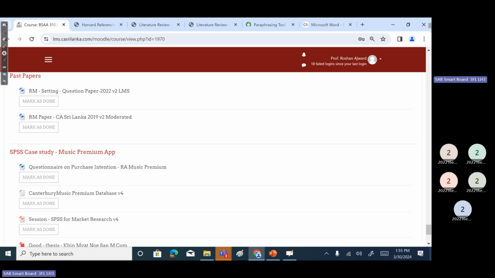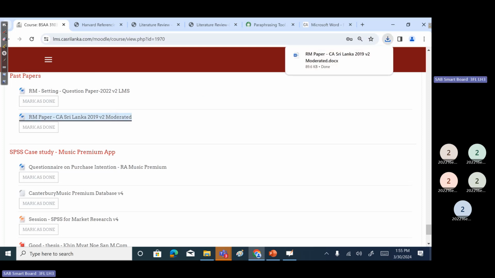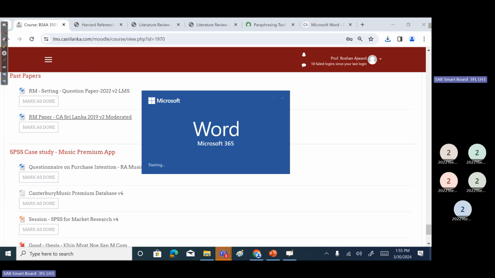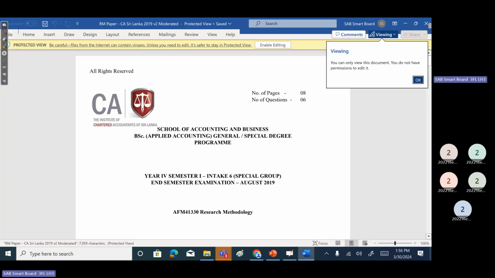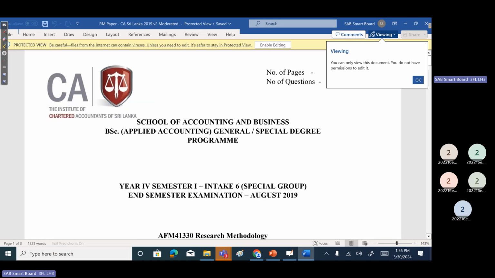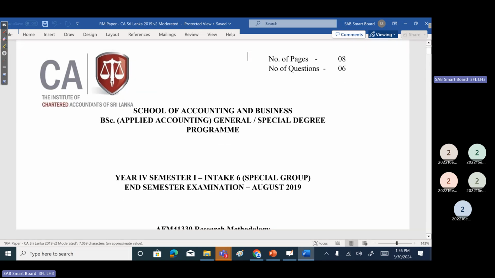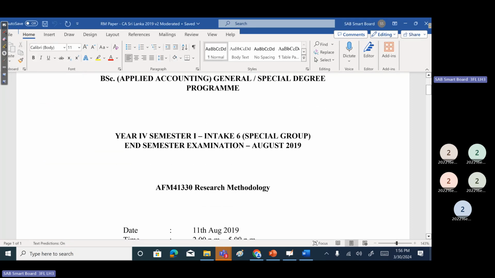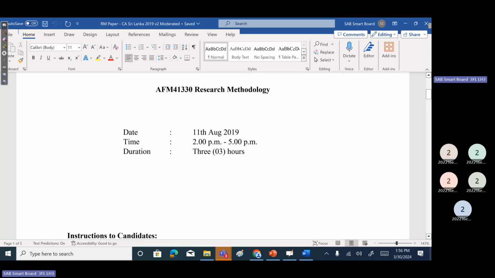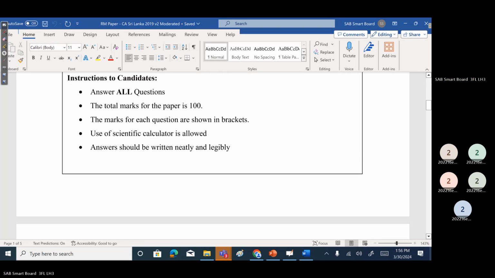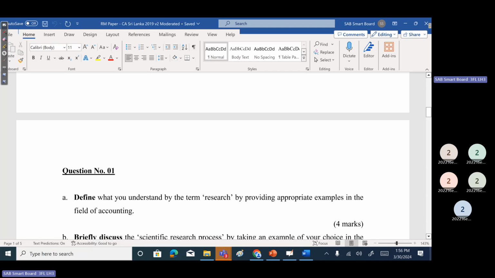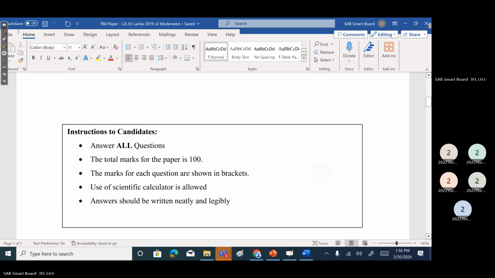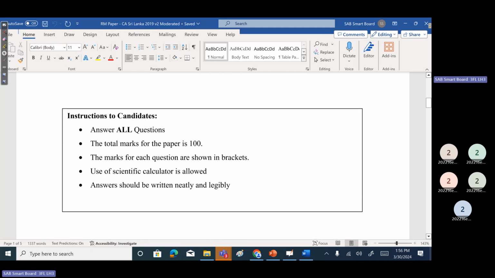You can see here, RM paper, Sri Lanka 2019. Please download it. That's a new past paper and I'll discuss it for you today, and see whether you can answer. Certain areas I did not cover because it's not so necessary. I covered only the essential parts. At that time it was known as a different subject, 3 hours. Same structure, all questions need to be answered.